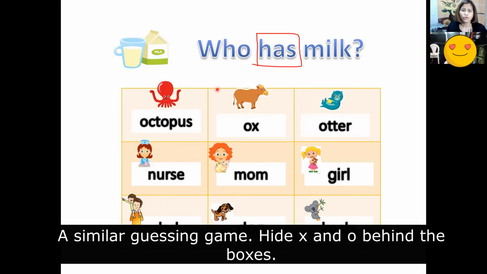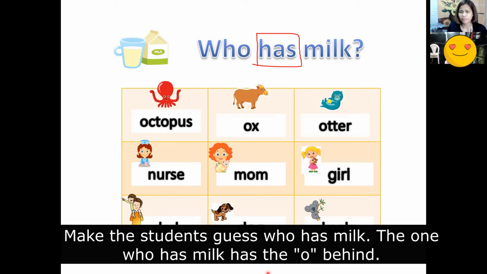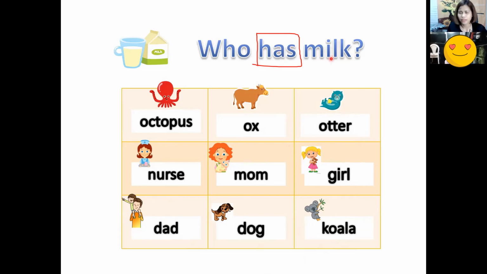This is a similar guessing game. Hide X and O behind the boxes and make the students guess who has milk. The one who has milk has the O behind it. Girl has milk. Okay, let's open it. X or O?